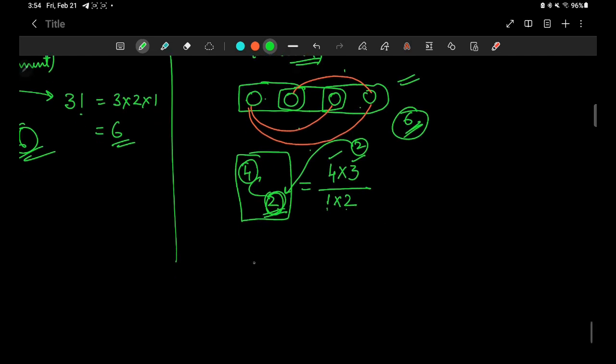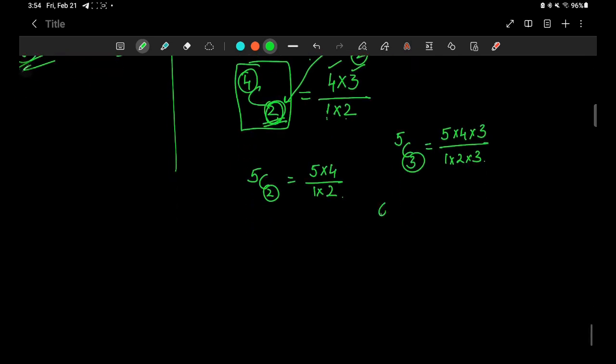Another example would be like, let's say 5C2. How do you do this? 5, decrease the number by 1, then divided by, here 2 is there, so you just have to do till 2. Let's take one more example, 5C3. How do you do this? 5 into 4 into 3 divided by 3 is there, so start from 1, then 2 into 3.